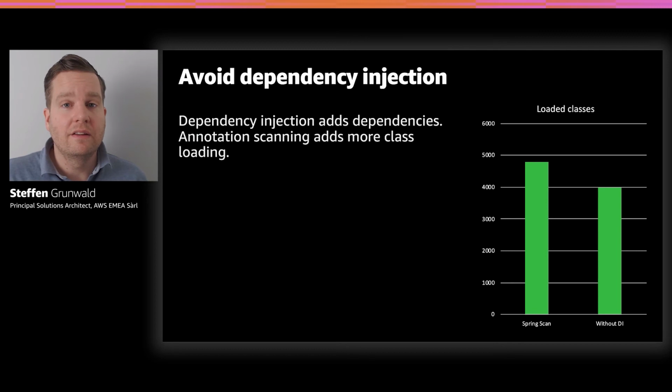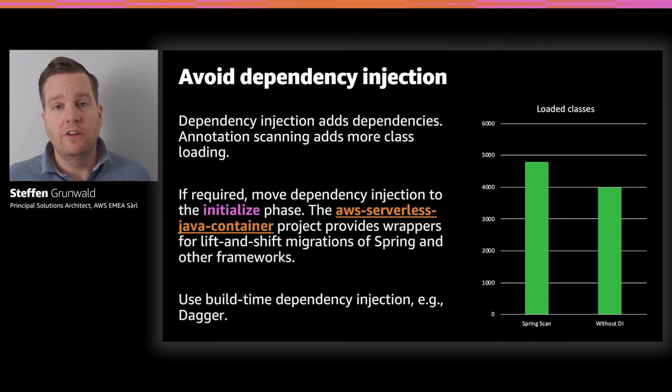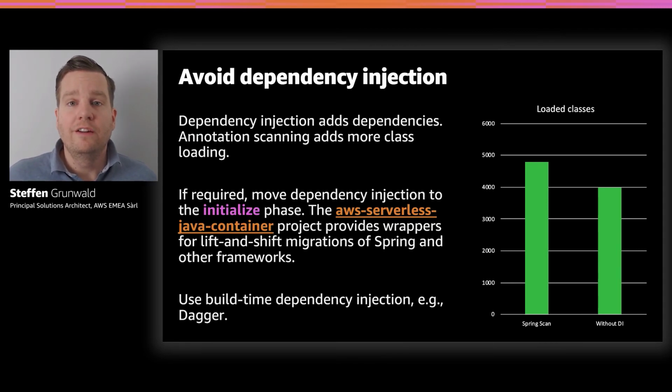There are cases where you use dependency injection, for example, for lift and shift migration. So if you have an application, you want to move it to Lambda, maybe you don't want to start with refactoring, and this is a valid approach. If you do so, please take a look at the AWS Serverless Java Container project, which provides means to create this application context easily in the constructor or in static initializers.